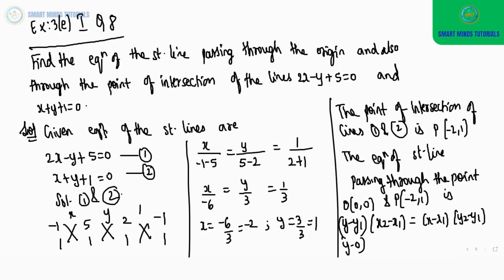So we substitute the points, y minus 0 into minus 2 minus 0 is equal to x minus 0 into 1 minus 0. So if you further simplify it, you will get minus 2y is equal to x. Bring all terms one side, we get x plus 2y is equal to 0.